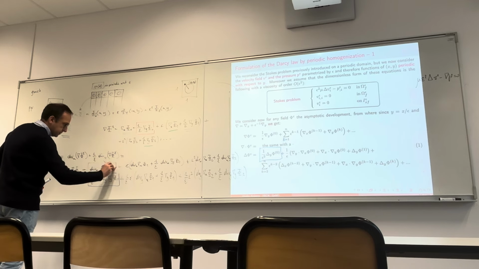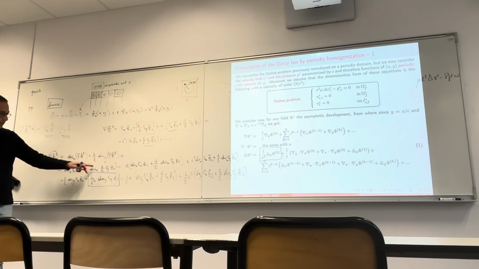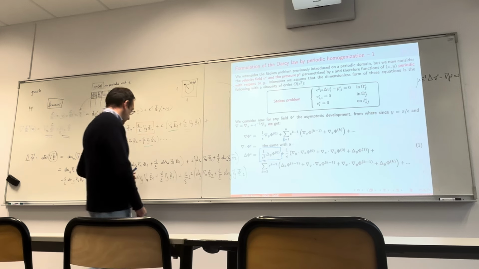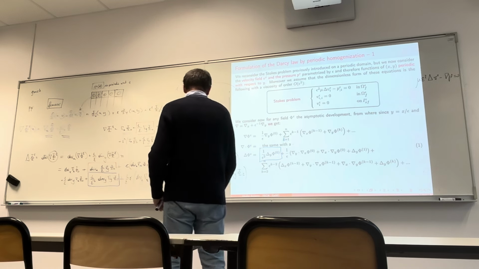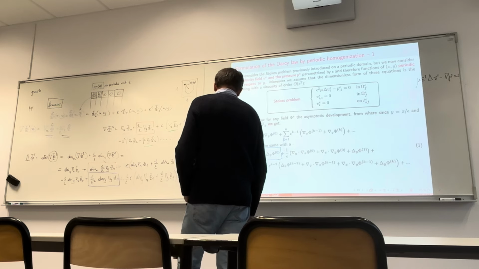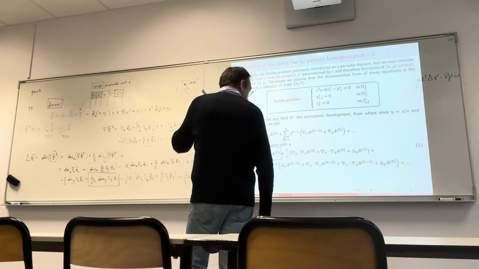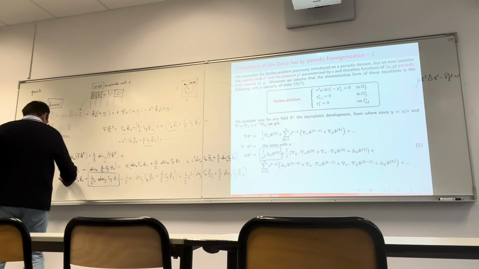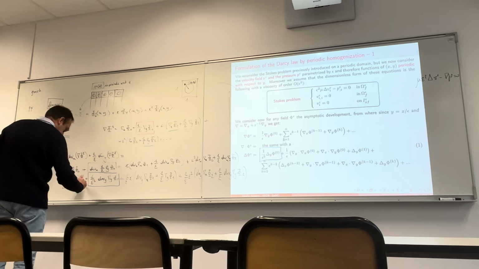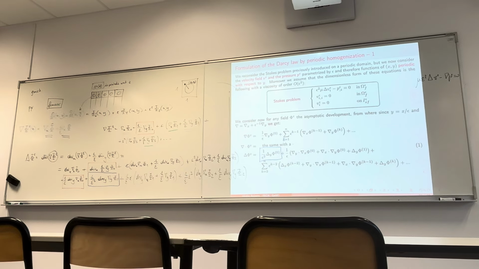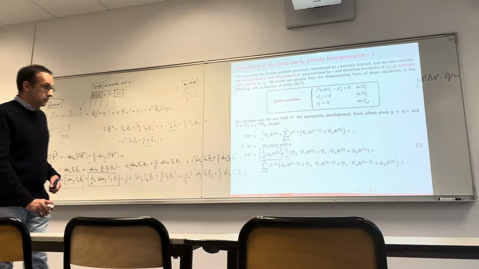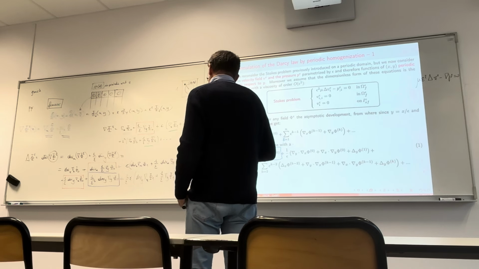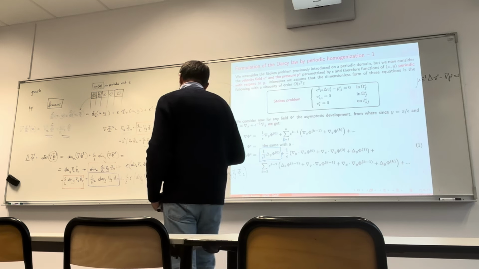This one, 1 by epsilon dx gradient y, then what is it? This one. Then this one.